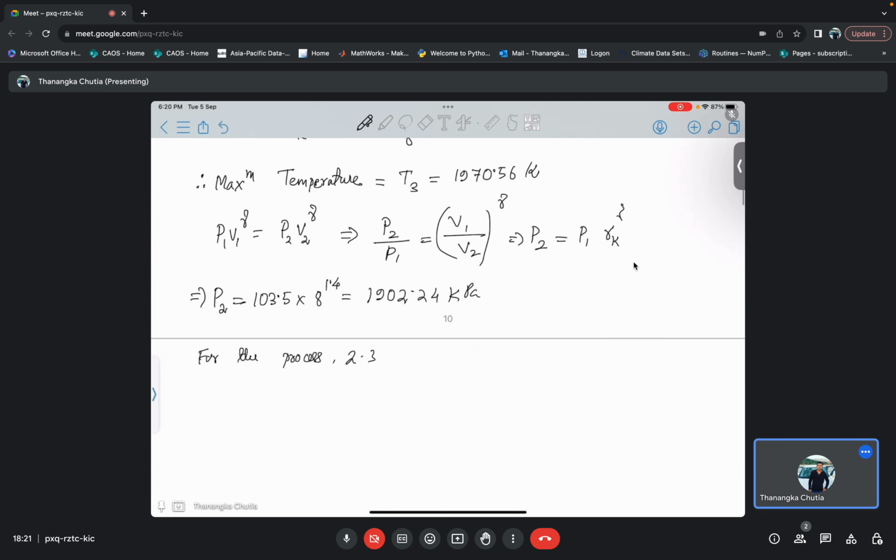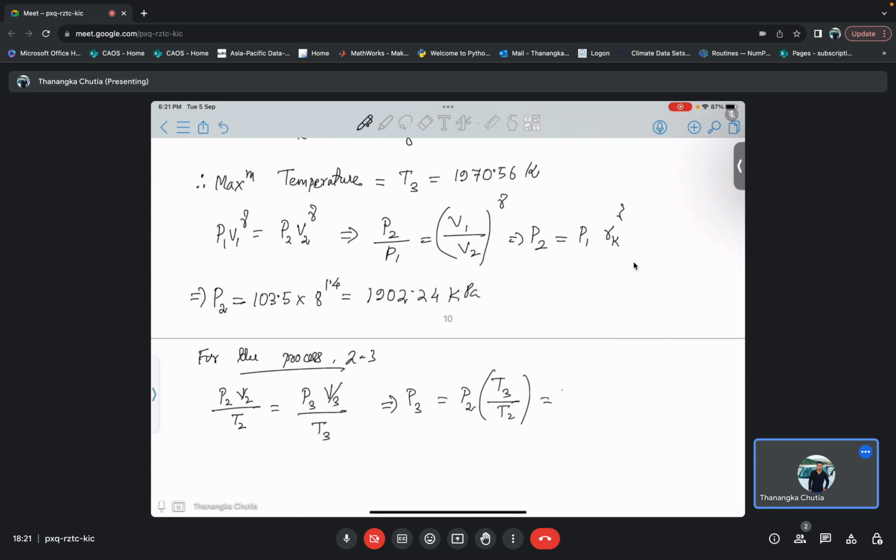Now for the process 2 to 3, what can we write? P2 V2 by T2 is equal to P3 V3 by T3. Remember, V2 and V3 are equal, so this will cancel. So from here P3 is equal to P2 into T3 divided by T2.